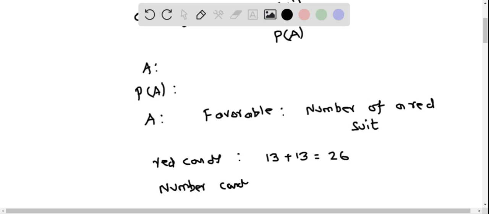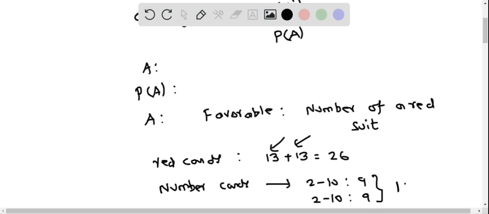So number cards of red suit, that is in each red suit of 13 cards, we have from 2 to 10, we have 9 number cards, plus in the other red suit of 13 cards we have 2 to 10, these are the number cards, so we have 9.